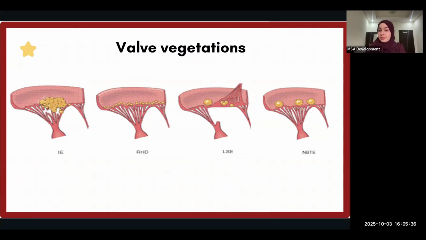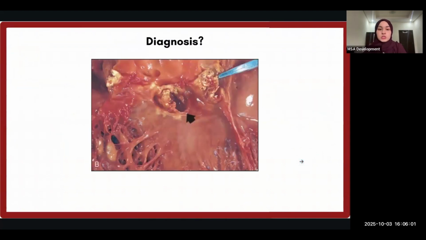From the name, it is non-bacterial. The vegetations are sterile, and they can easily latch off and become emboli and go other places. From the name, it's thrombotic. And as I said, they're not strongly adherent, so they can easily come off. This is an important feature of it, that's why I'm mentioning it.